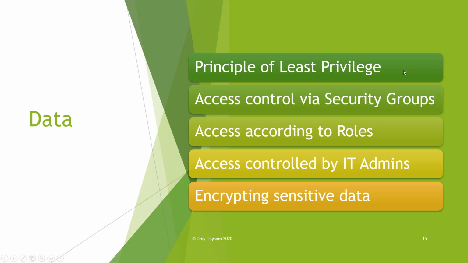The first is principle of least privilege. So, it's usually POLP. And you need to memorize this front, back, sideways in your sleep. Principle of least privilege is making sure that each employee has exactly enough privilege to do their job.